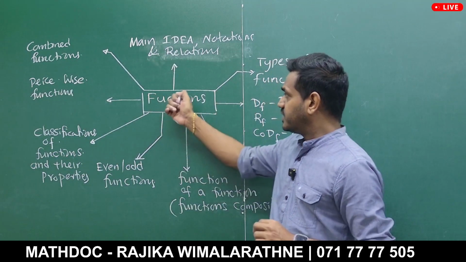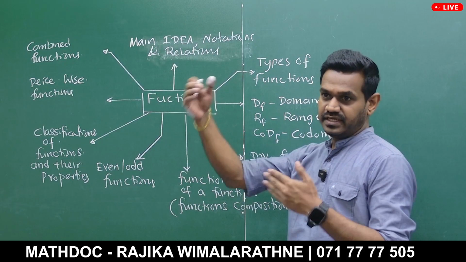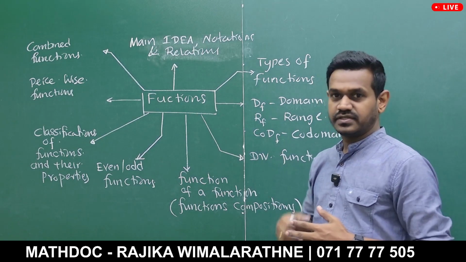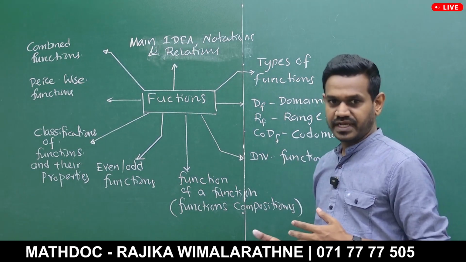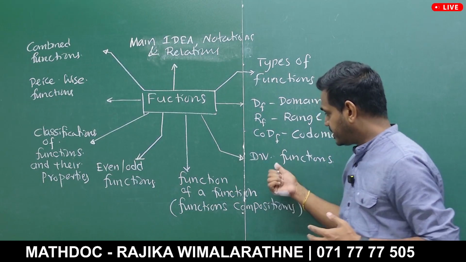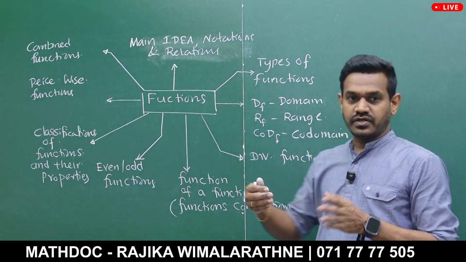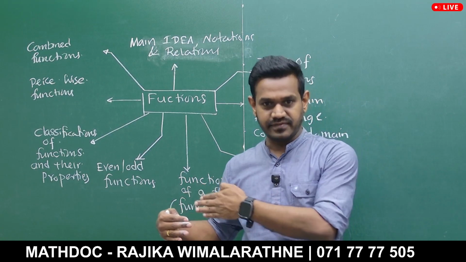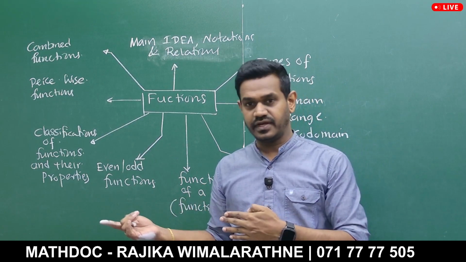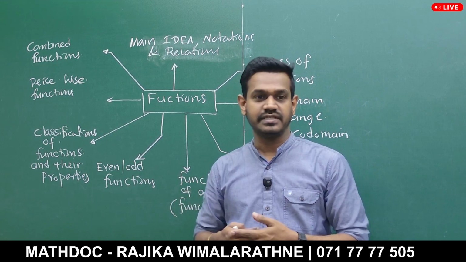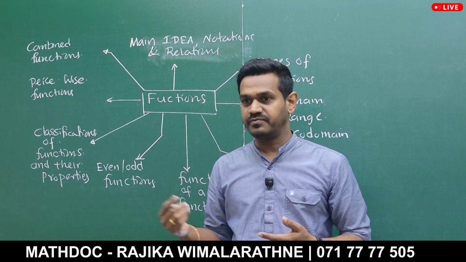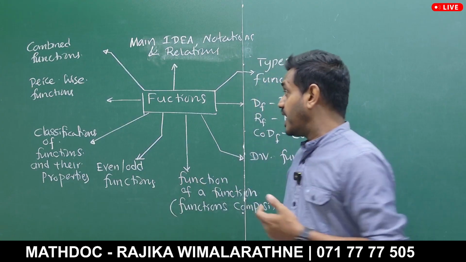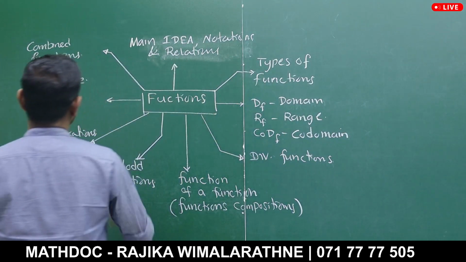So we have function. Function means interconnection between two variables. It has a specific rule, a specific task. If you think about inverse function, we have one process like this. If I can reverse that, we call it an inverse function. But not every function can be reversed; there are some functions we can reverse. And further, here piecewise functions.